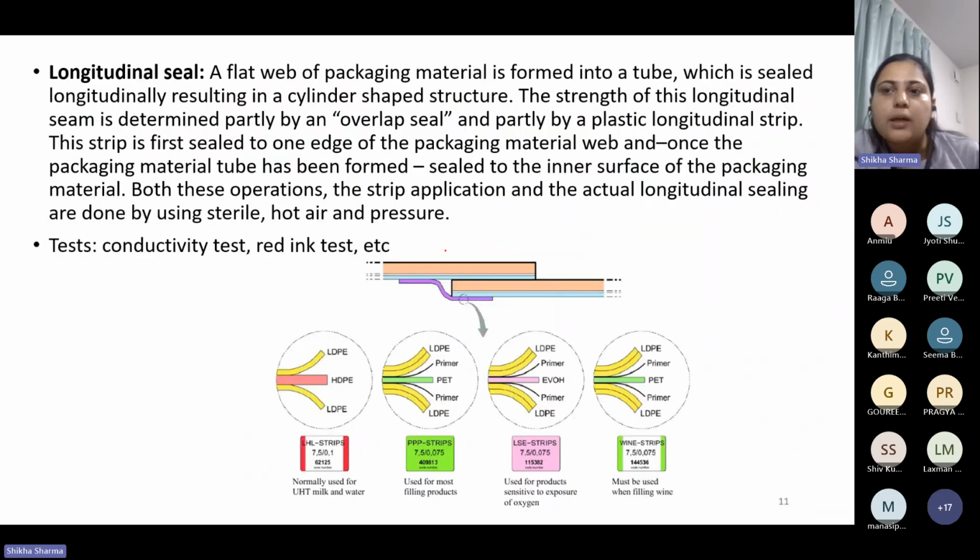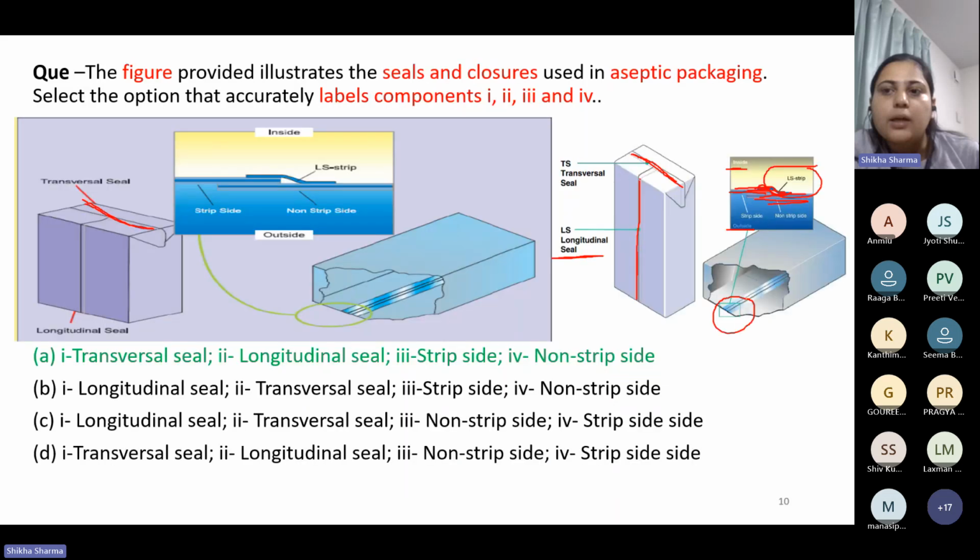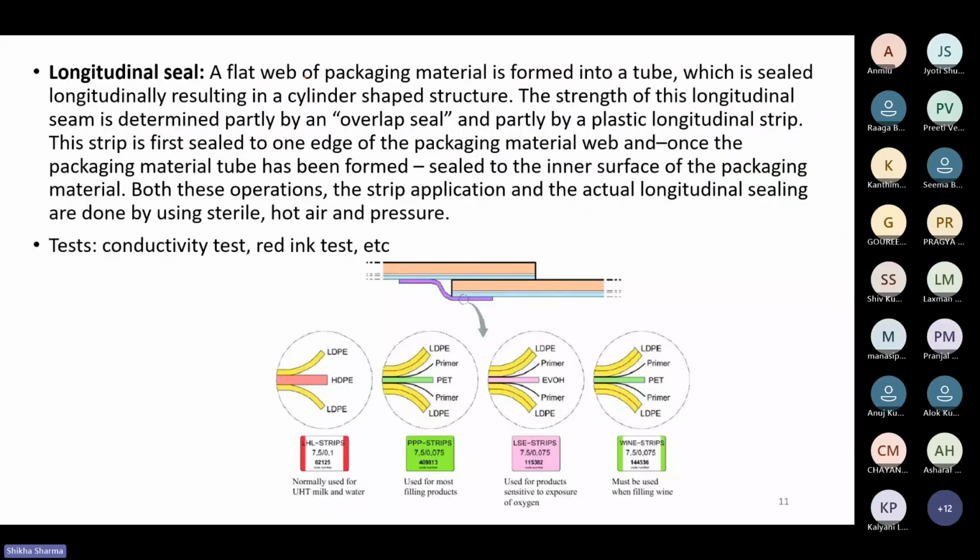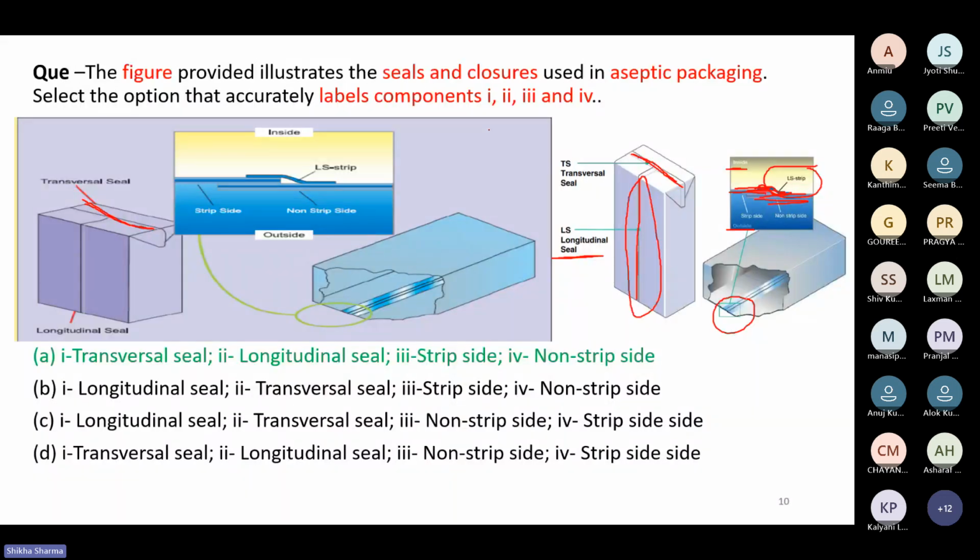So longitudinal seals we have, which are longitudinal like this. I'm talking about this one now. It is a flat web of packaging material, and sometimes it is formed like a tube.